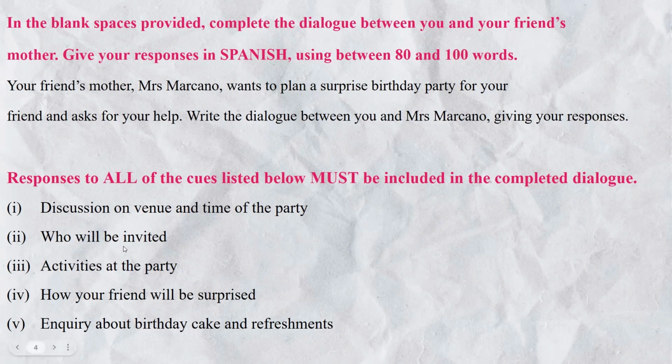There's going to be a discussion about who will be invited, about the activities at the party, and about how your friend will be surprised. And there's also going to be a discussion where somebody is going to inquire about the birthday cake and refreshments.